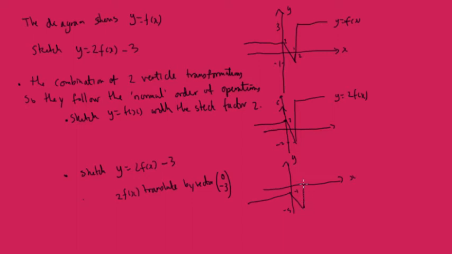And then here is going to go back up to 3. And that is the sketch of the full translation. Now obviously when you're doing it, you do it on graph paper, so it shows much more accurately than my little sketches here.